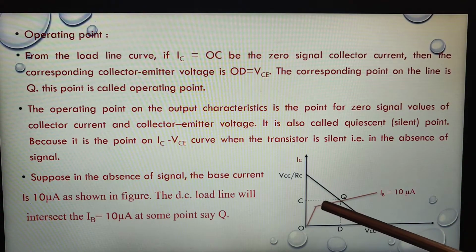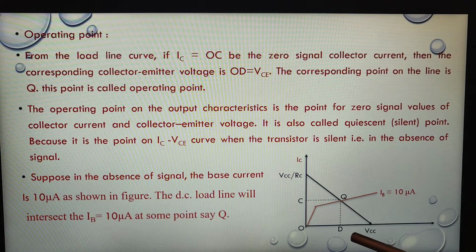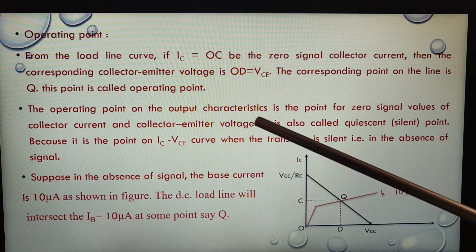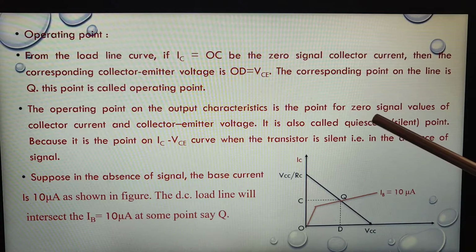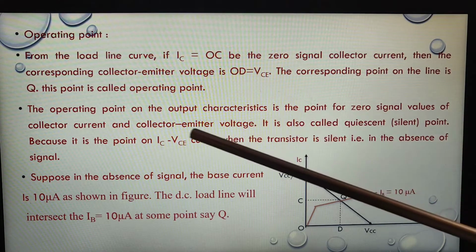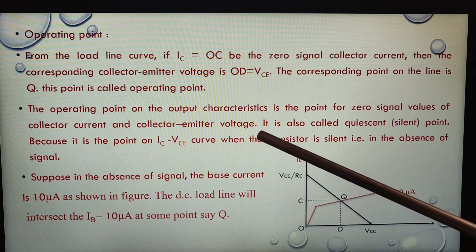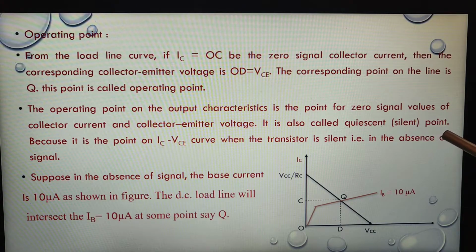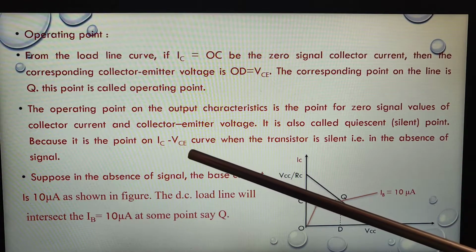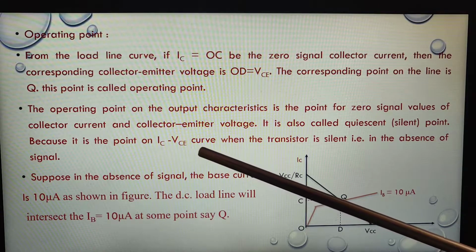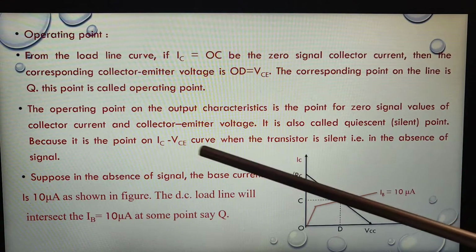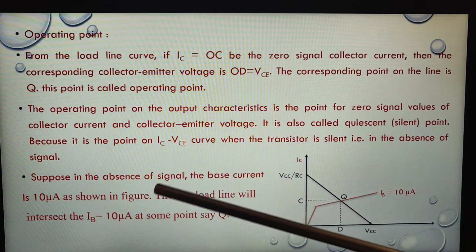When we join CQ and DQ, this point Q is called the operating point. The operating point on the output characteristic is the point for zero signal values of collector current and collector emitter voltage. It is also called quiescent, that is silent point, because it is the point on IC versus VCE curve when the transistor is silent, that is in the absence of signal.